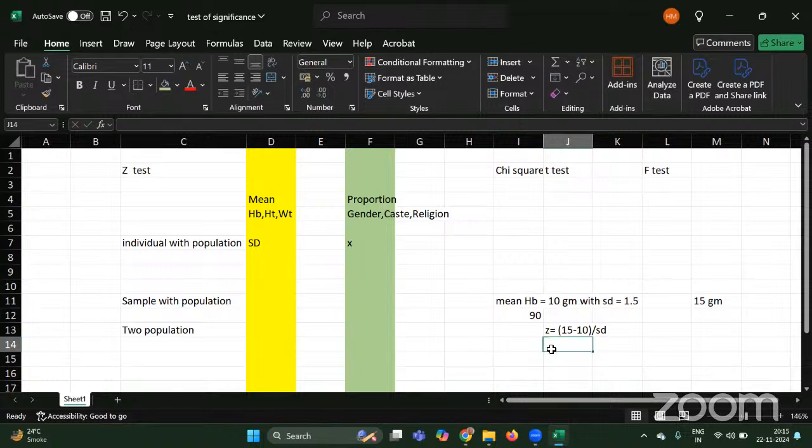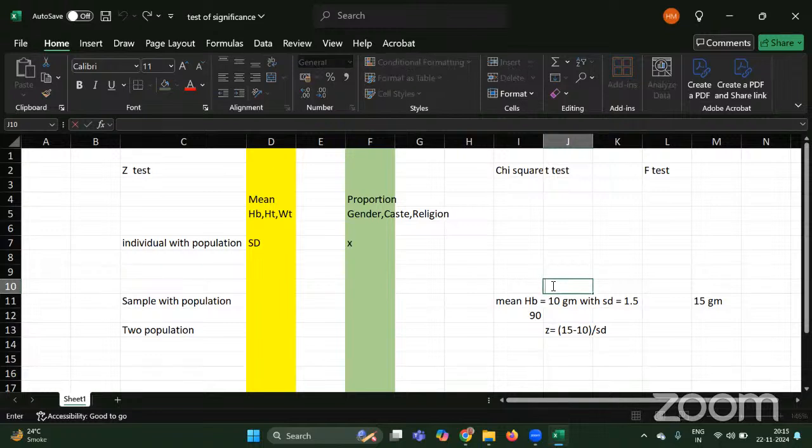So this will be 15 gram. In a simple sense, how far away is this 15 gram from 10 gram? It is 5 gram away. In terms of standard deviation, it is more than 2 standard deviations away. Because if you look at the range, if you double the standard deviation, it will be 3. So the range will be 7 gram to 13 gram.